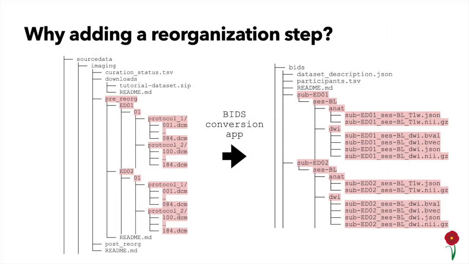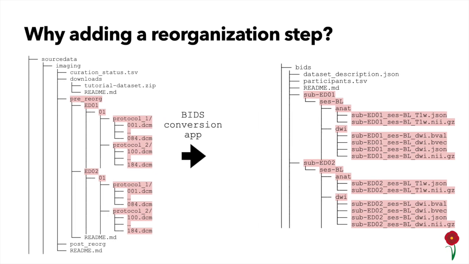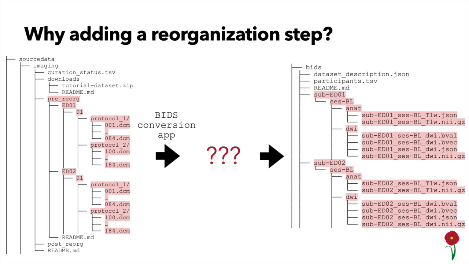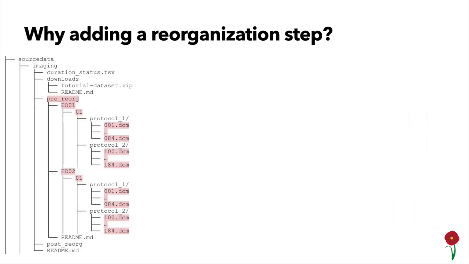Before we start with the hands-on tutorial, it is important to understand why Nipoppy distinguishes between pre- and post-reorg status prior to BIDS conversion. Usually, there is a gap between data state out of scanner versus ready for BIDSification. Source data is often messy in different ways, making it hard to use BIDSification tools directly.